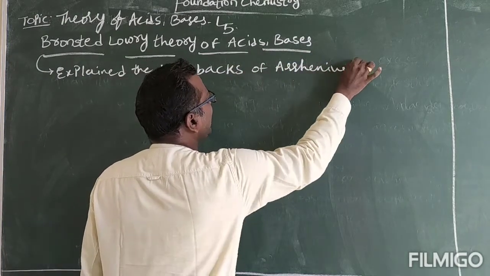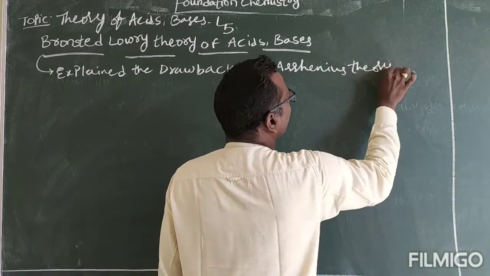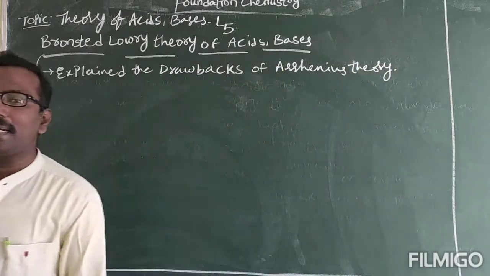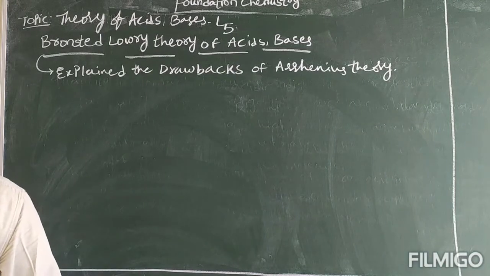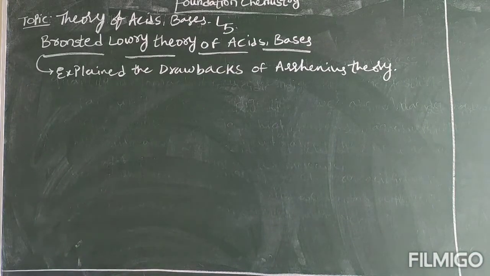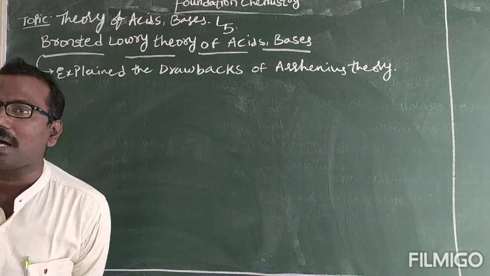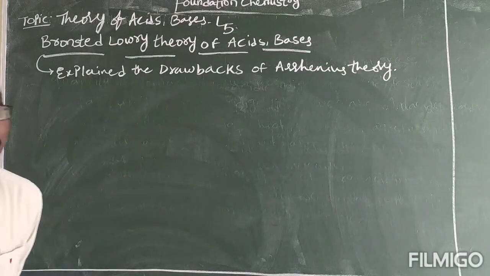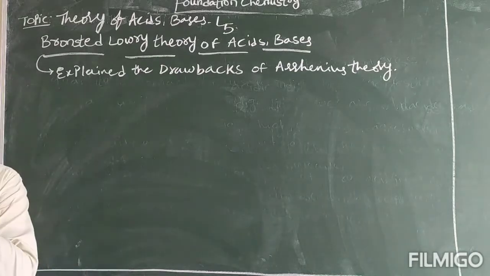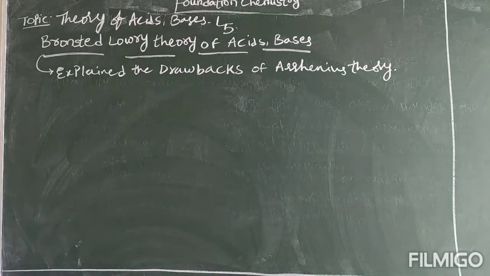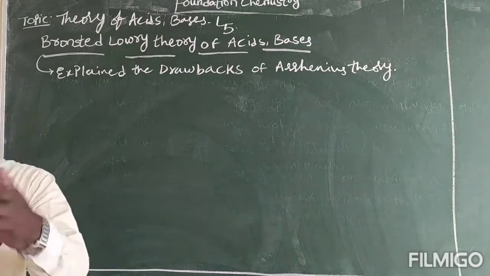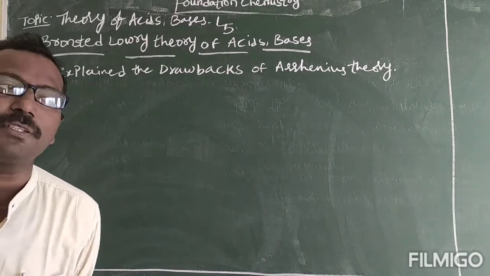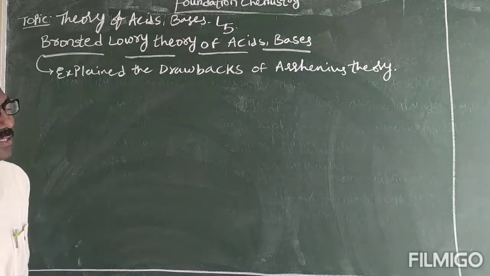So what is the major drawback in the Arrhenius theory? He said that an acid is a substance which has H+ ions, or which increases the H3O+ ion concentration, and a base is one which has OH- ions, or which gives more OH- ions.